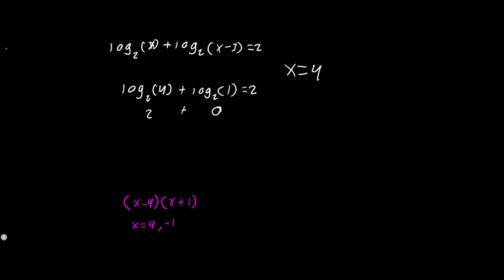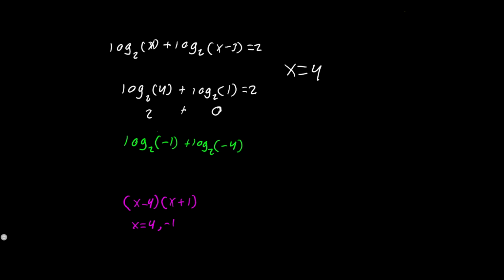Now we're going to go ahead and look at negative 1. So let's go ahead and verify that negative 1 is a solution. So we have log base 2 of negative 1 plus log base 2 of negative 4.